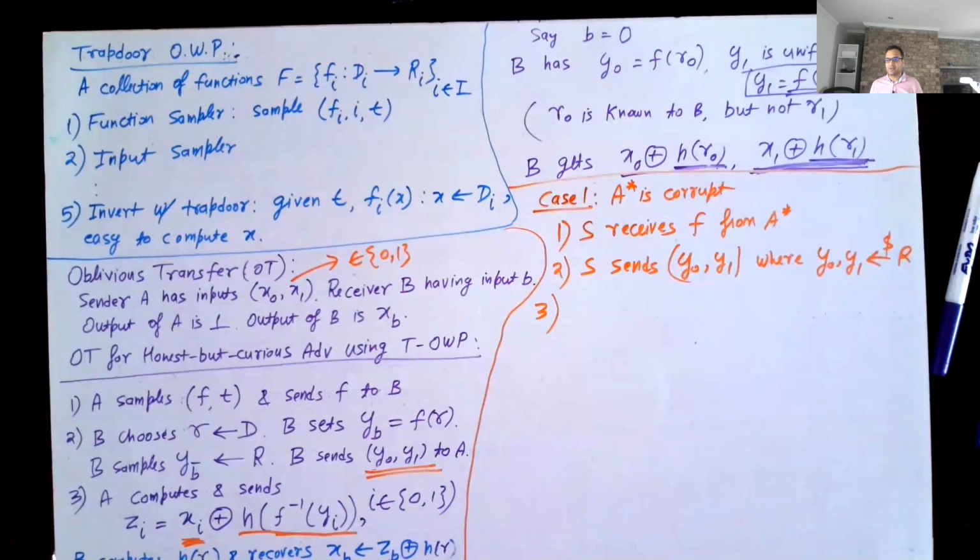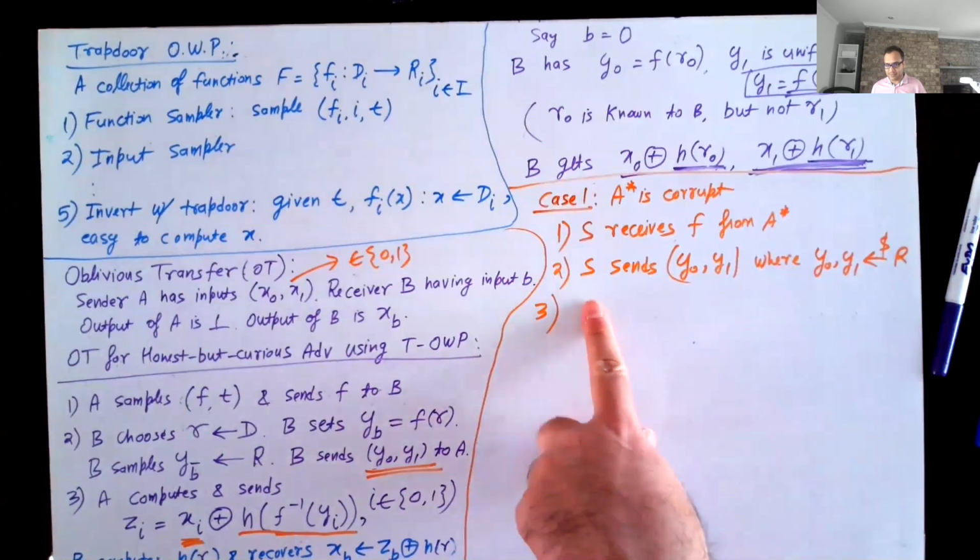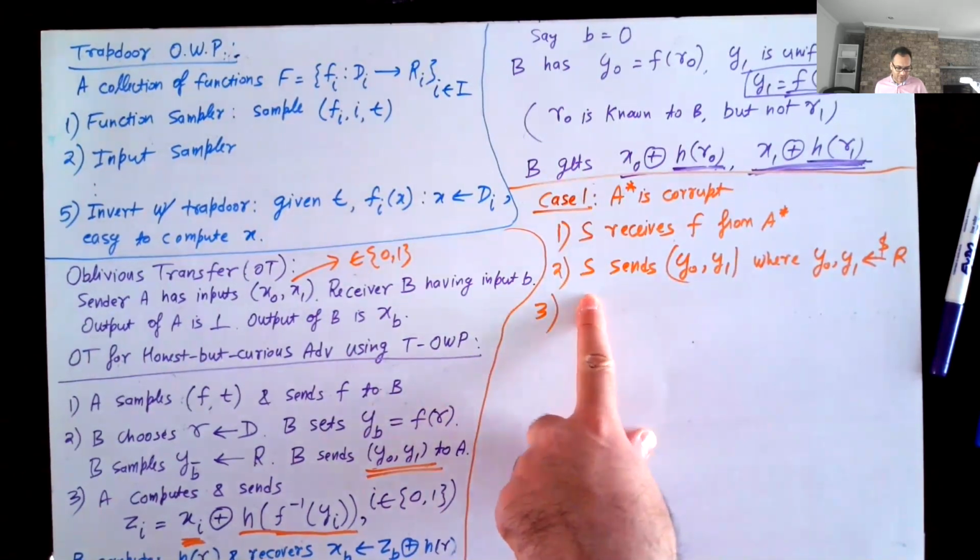So A star is not even going to notice, right? A star just expects two random strings from the range, which is exactly what the sender, or the simulator, sends.